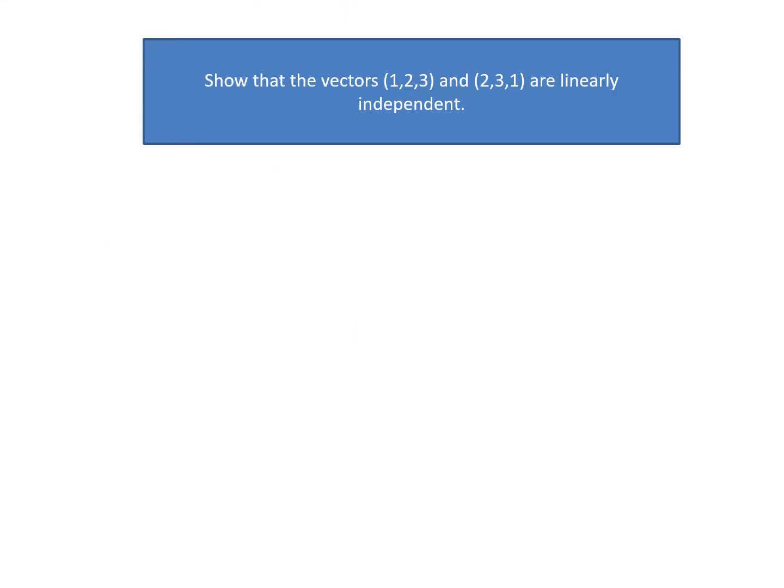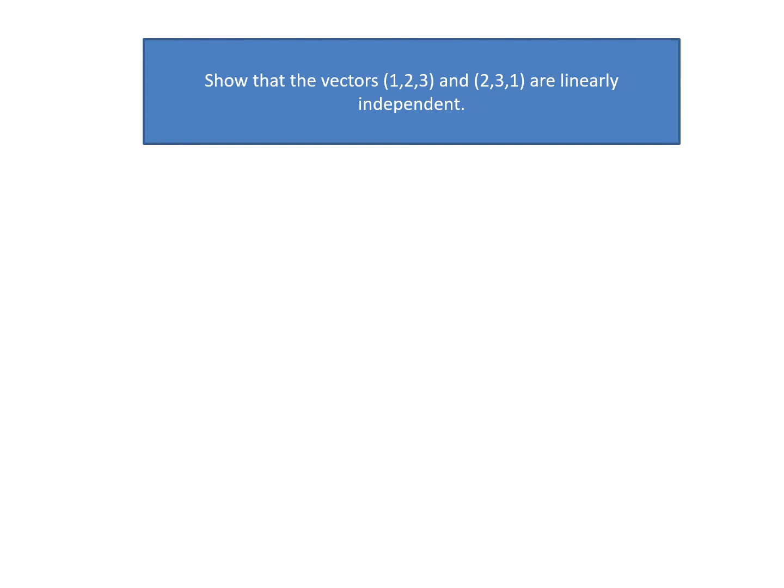Then in the next sum, they are again giving us two vectors and asking us to show that they are linearly independent. Here we cannot form a determinant because 1, 2, 3 is one row, 2, 3, 1 will be the second row, and we don't have elements for the third row. Therefore, we are going to follow this procedure.